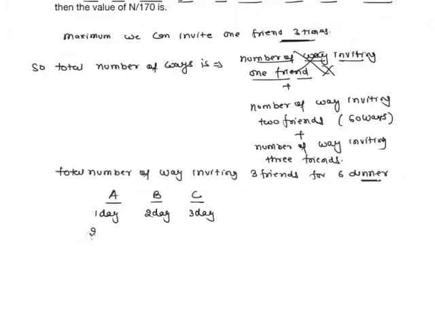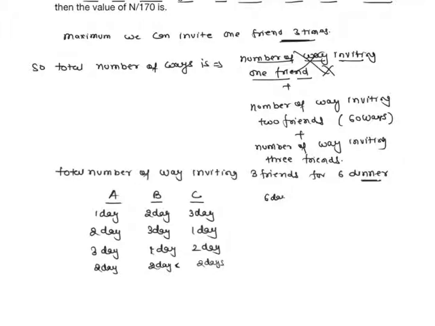Similarly, A can be invited 2 days, B is 3 days and C is 1 day. Similarly, A can be invited 3 days, B is 1 day and C is 2 days. Or A is invited 2 days, B is invited 2 days and C is invited 2 days.